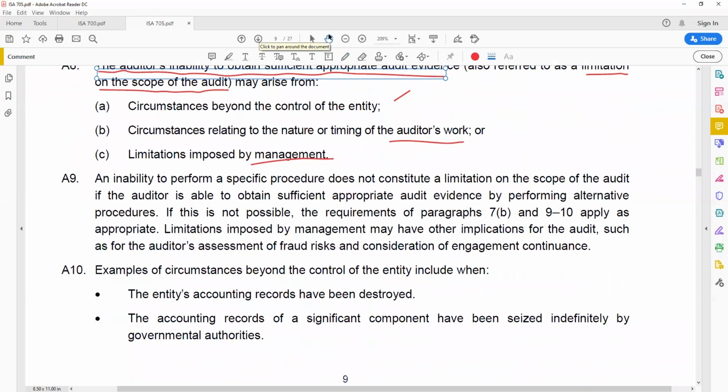Here they go ahead and explain in point 18 what these situations beyond the control of the entity are. I think I've just mentioned one of them: the records of the company are destroyed by fire or by floods.